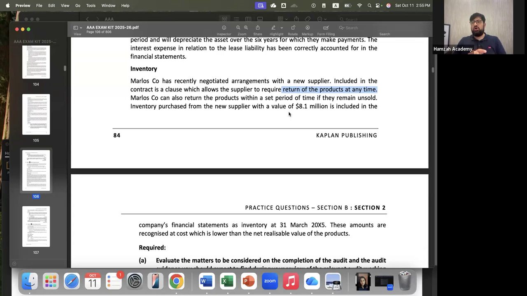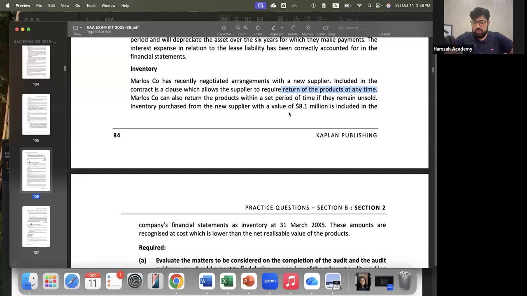Rather, they should record the payment made to the supplier, 8.1 million, as a right to refund, where Marlo's can get a refund. It should be recorded as a receivable, and this inventory should not be recorded. So it is incorrect. Inventory is overstated, receivables are understated.